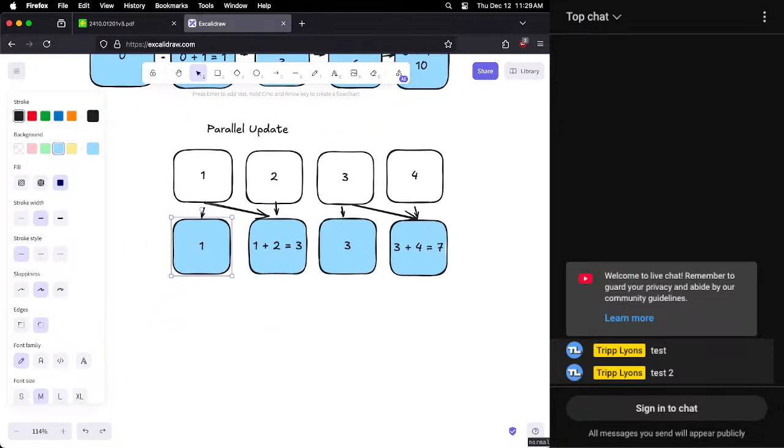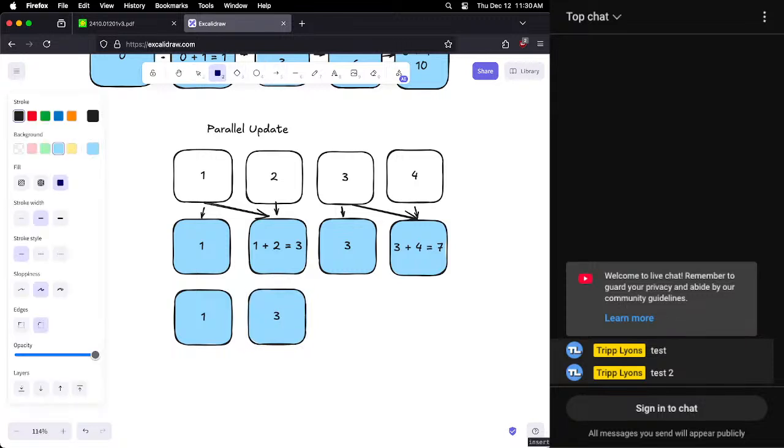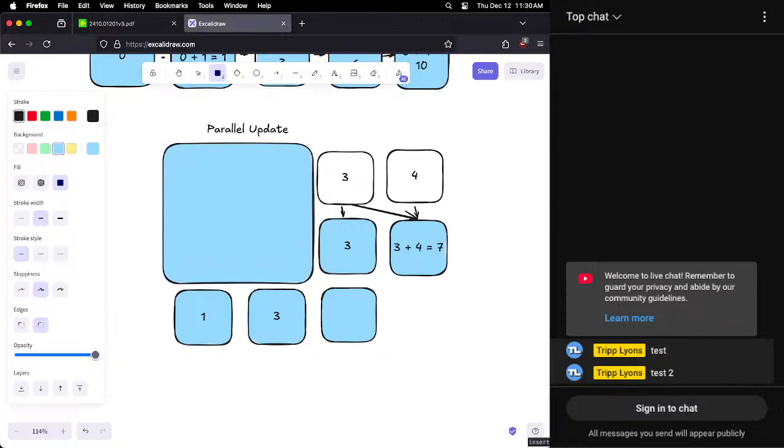So what we can do is these ones can stay the same. But we need to take the last one of this group. Let's actually make this clear how it's a group. Group them like this.